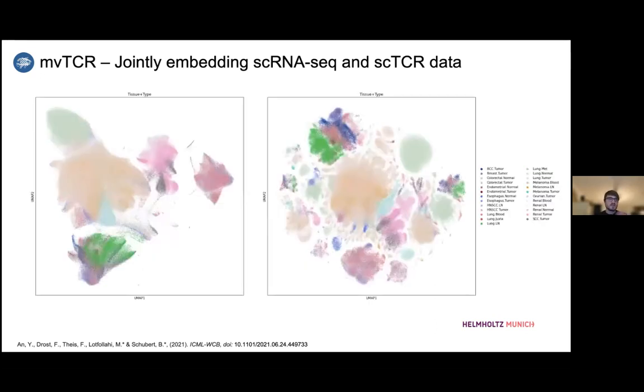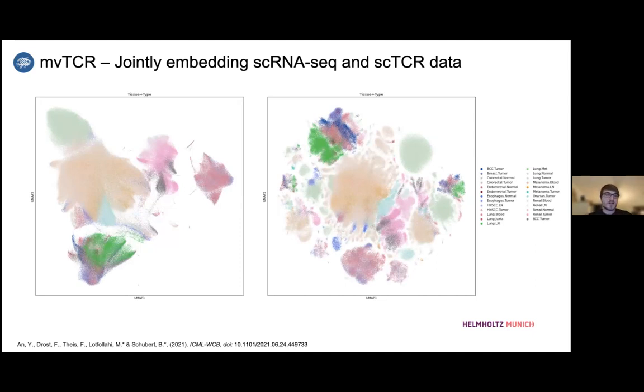So with that, I'd like to very briefly tease you a bit. This is still an ongoing analysis. Here we looked into a very large single cell data set consisting of multiple different tumor tissues and the T cells within. This is roughly 500,000 cells integrated here.